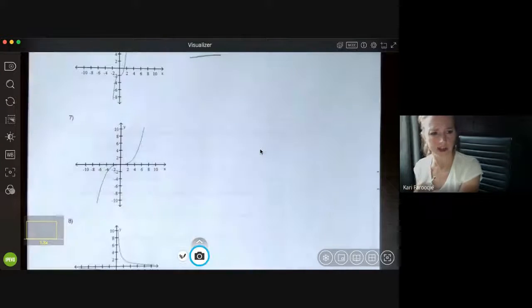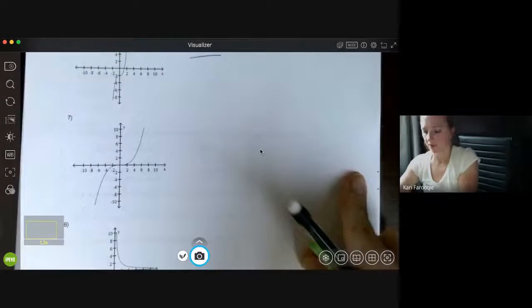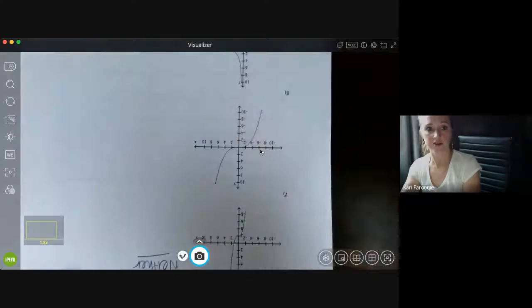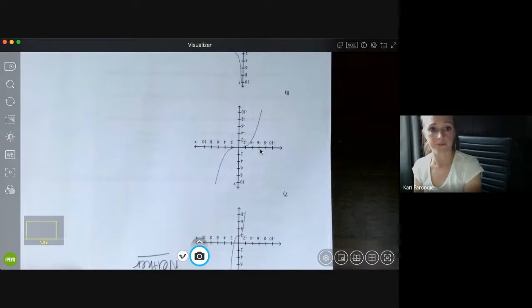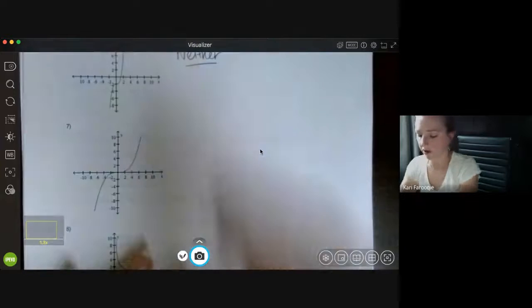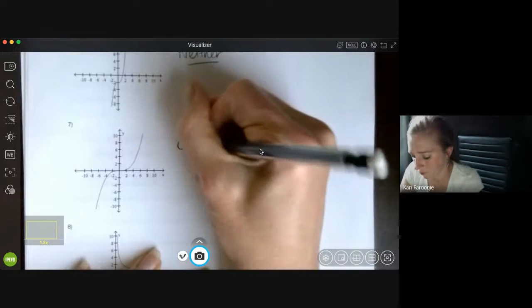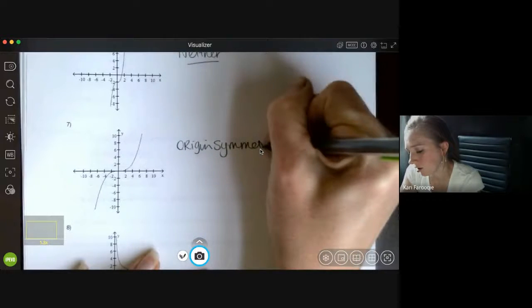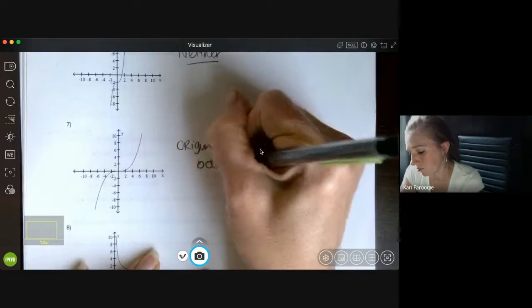Get a good look at it and remember what it looks like. Then you flip it upside down and it looks like it's exactly the same picture. Because of that, we would say that this graph appears to have origin symmetry. And if our graph has origin symmetry, that means it's an odd function.